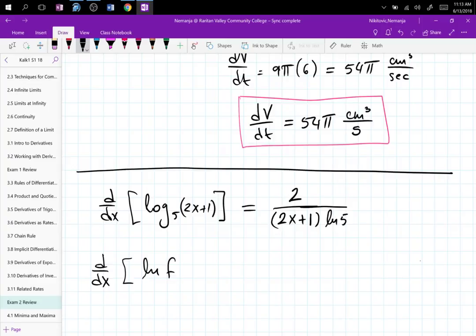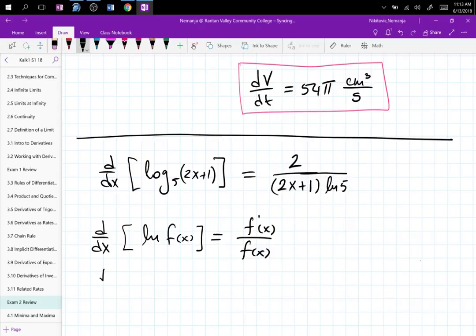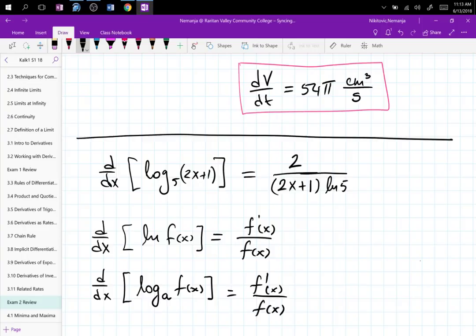So the derivative of ln of f of x is f prime of x on top and f of x as is in the denominator. If you have a base other than e, which means log base a of f of x, so that f of x could be trig or whatever else, it's also going to be f prime of x divided by f of x, the same thing, except now in the denominator we also have ln a.